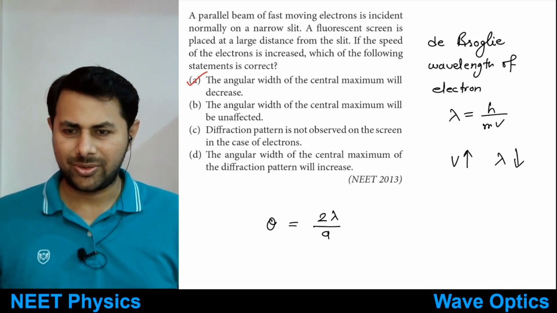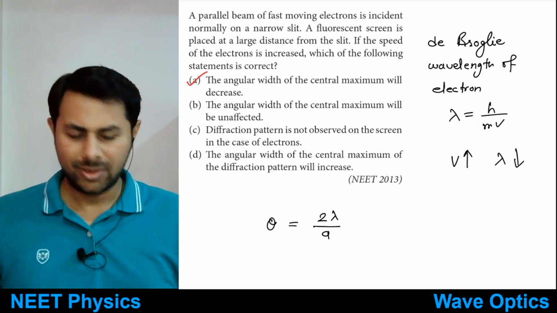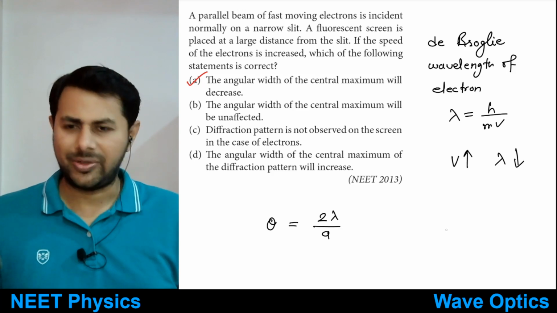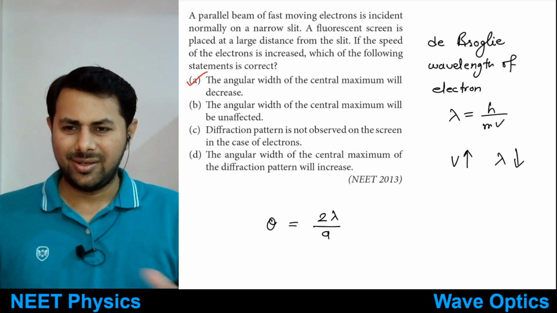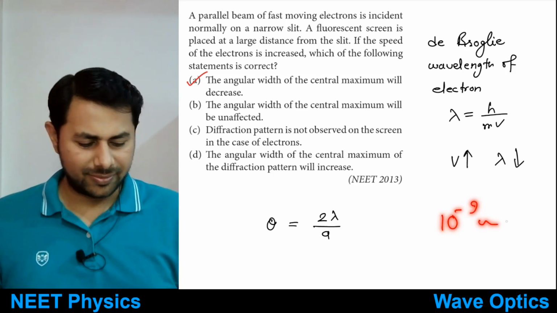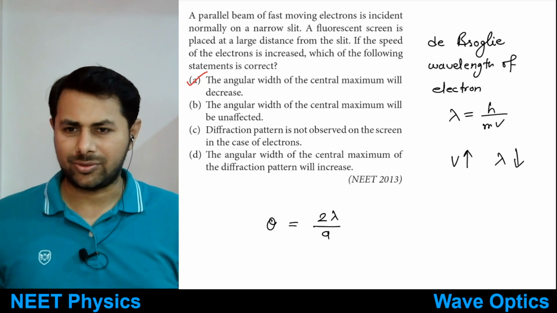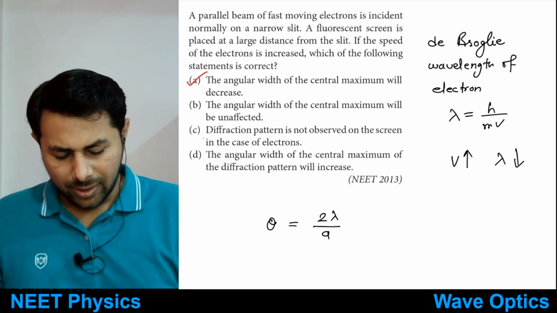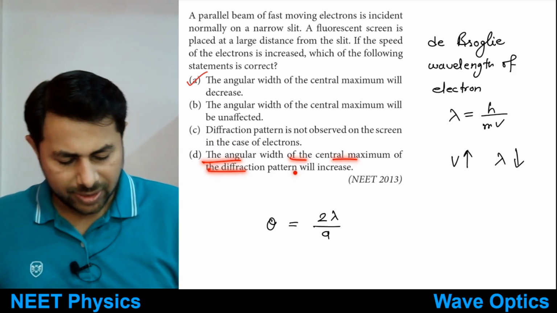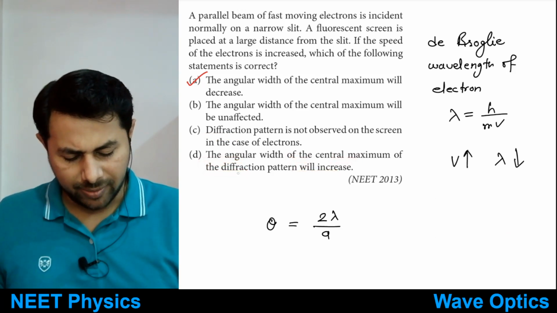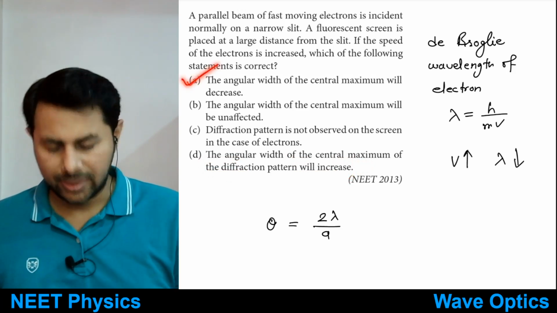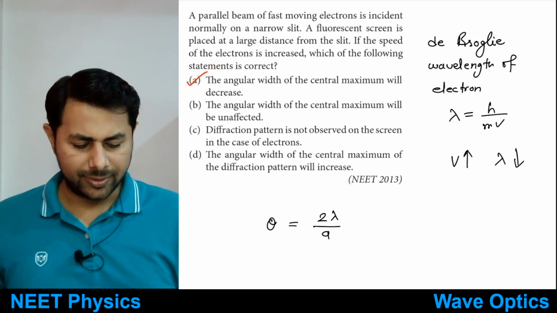You might have heard about electron microscopes used to observe very fine objects, suppose objects of the size of 10 raised to minus 9 meters or so. Next, the angular width of central maximum of the diffraction pattern will increase. It will not increase, it will decrease. So it is option A, right?